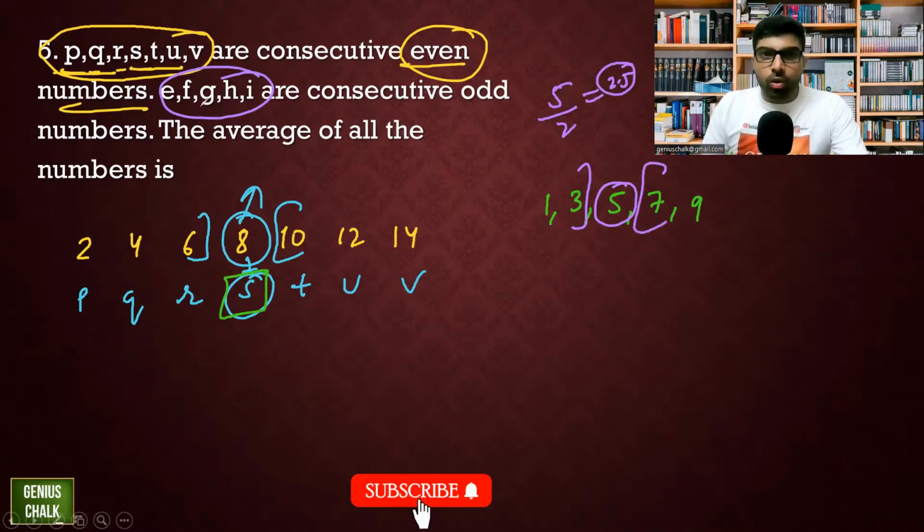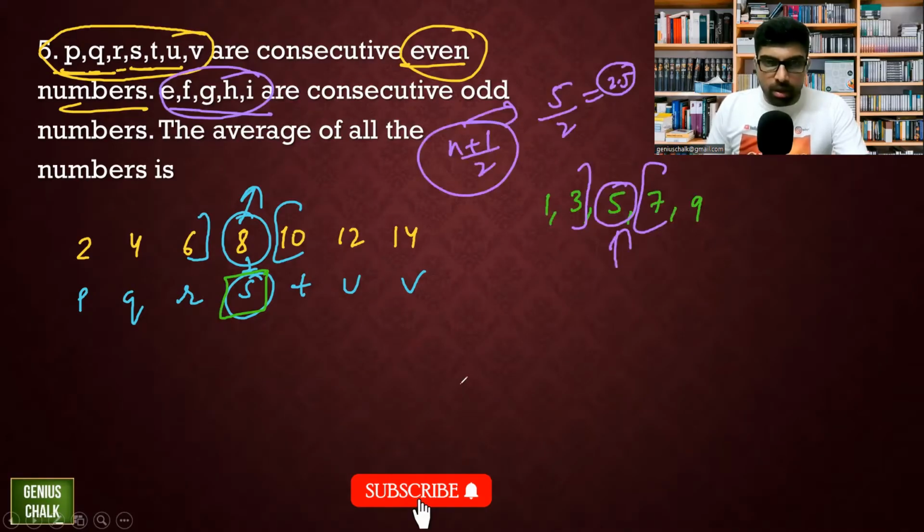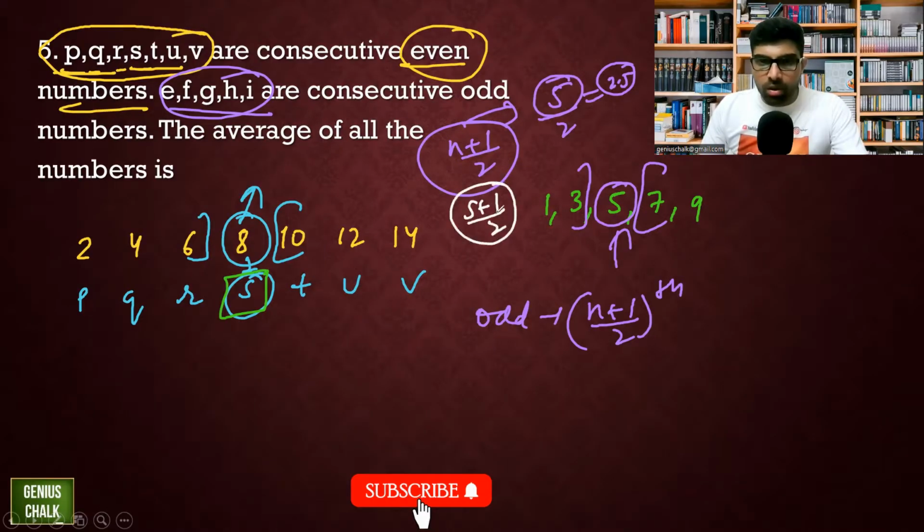You know that when the total number of things is odd, the middle number can be found by n plus 1 by 2. That is 5 plus 1 by 2, the third one. Always remember, if the total numbers are odd, the average will be found by the n plus 1 by 2th observation. Like here, if there are 5 terms, then the average will be 5 plus 1 by 2, that is the third term.